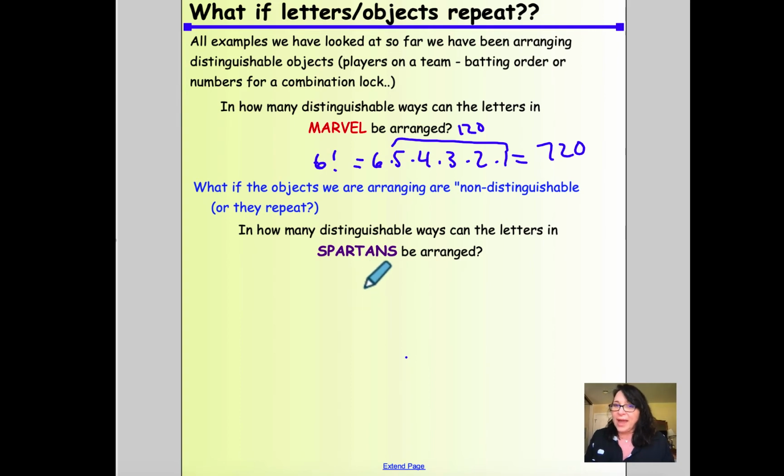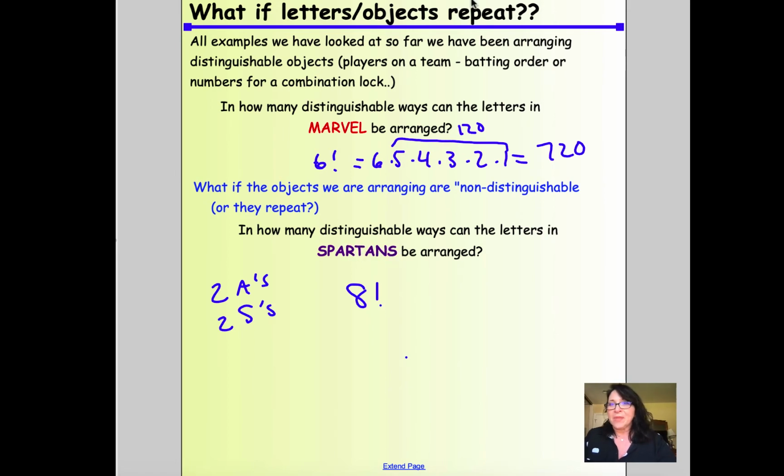So we know that we have 8 factorial ways of rearranging Spartans. But you have to ask yourself, are there any letters that are repeating or used more than once? For example, we have 2 A's. And also it looks like I have 2 S's. Is there any other letters?